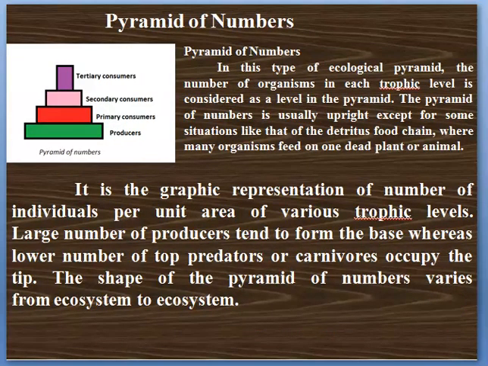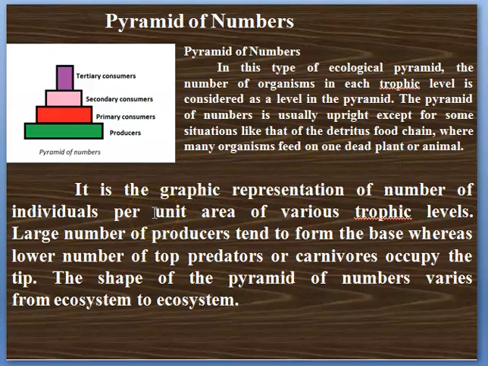Now we will see the pyramids of numbers. In this type of ecological pyramid, the number of organisms in each trophic level is considered as the level in the pyramid. The pyramid of numbers is usually upright, except in some situations like detritus food chains, where many organisms feed on one dead plant or animal.